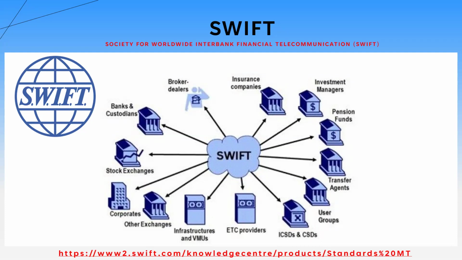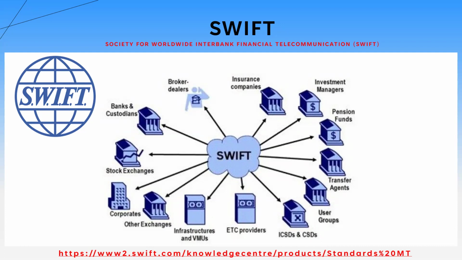This SWIFT organization is giving services to all financial institutions. When I say financial institutions, it may be a bank, insurance, stock exchange, corporates, exchange houses, and everything related to the financial industry. Let us take some corporates like DHL Courier, as we all know, they have worldwide operations.